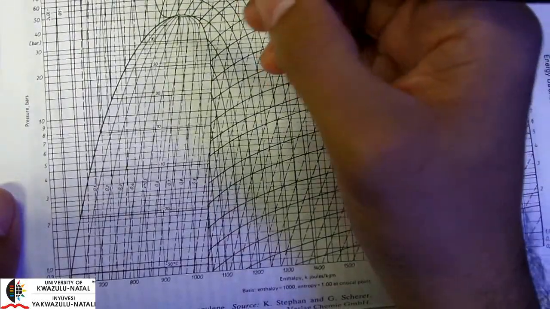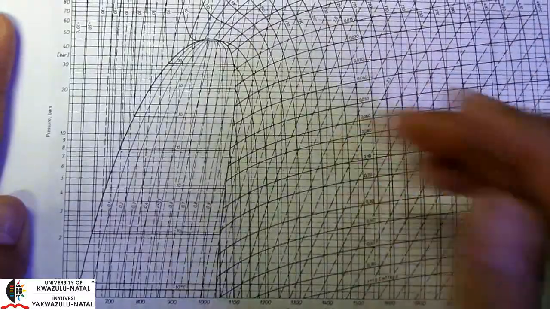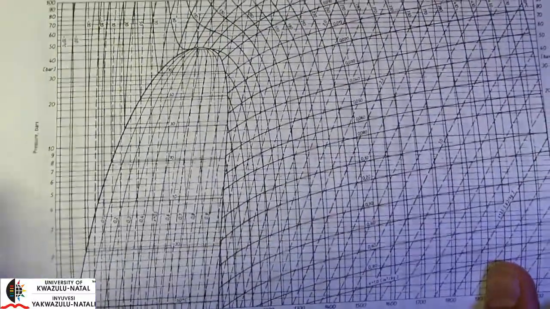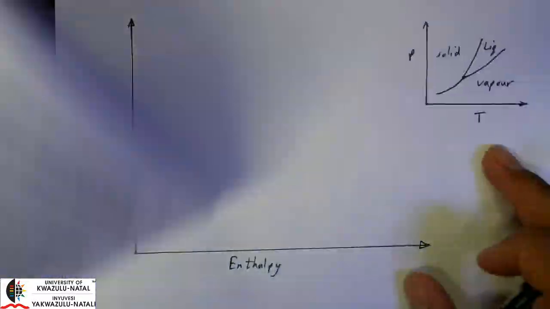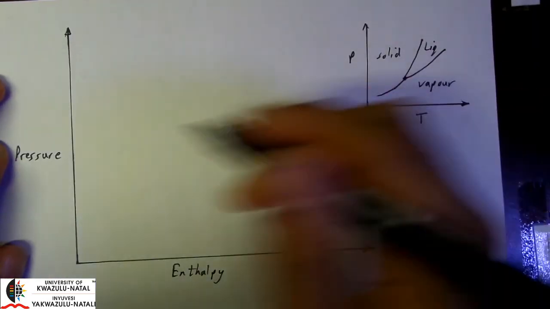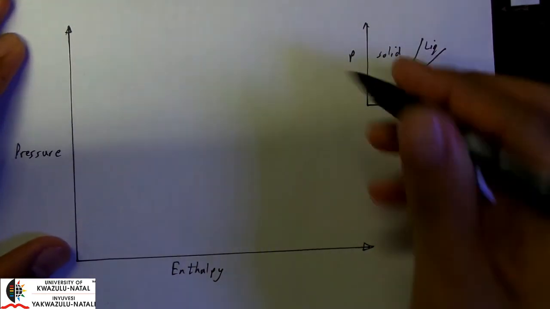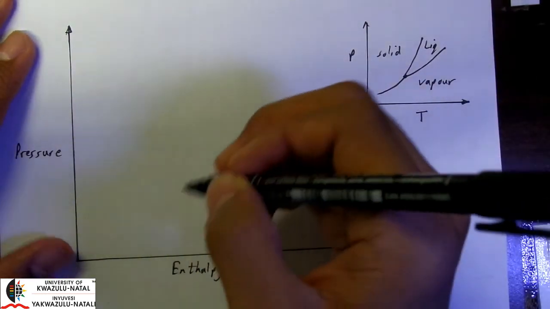It's of course not very clear, so I'm going to actually just draw up a more simplified diagram. So if we consider our pressure and our enthalpy, we have the following type of phase transition.